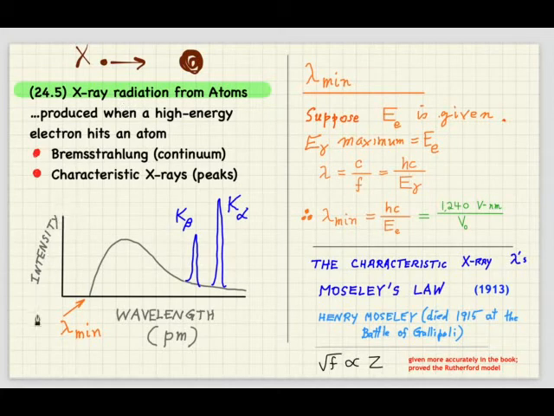The intensity as a function of wavelength for the X-rays emitted by the atom has a continuum part, and that's the process called Bremsstrahlung.